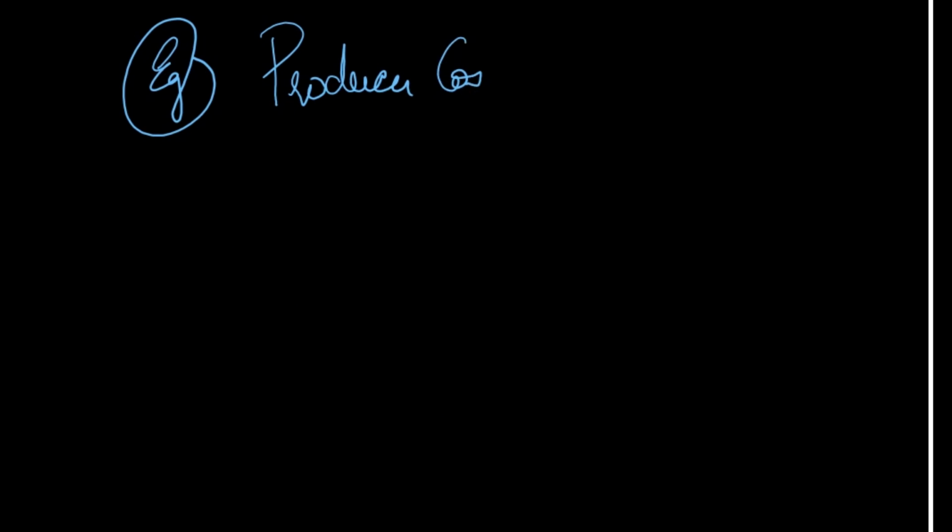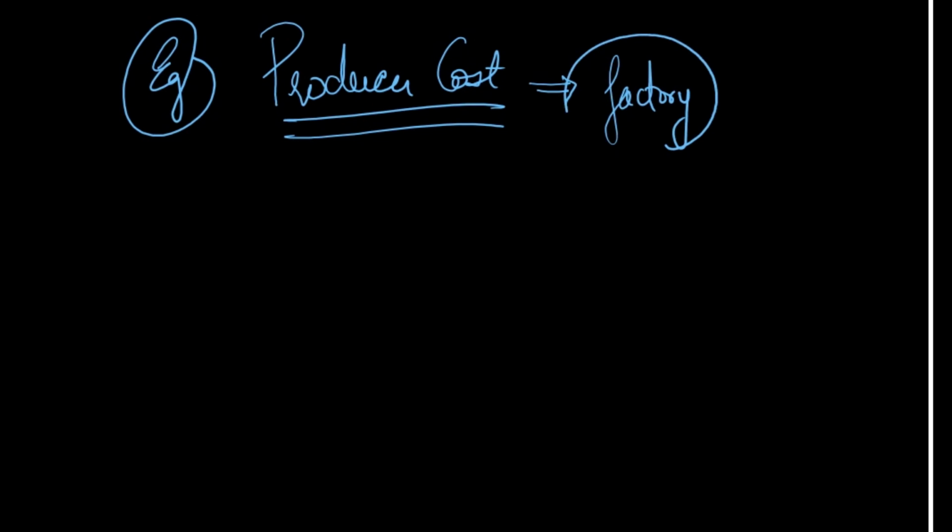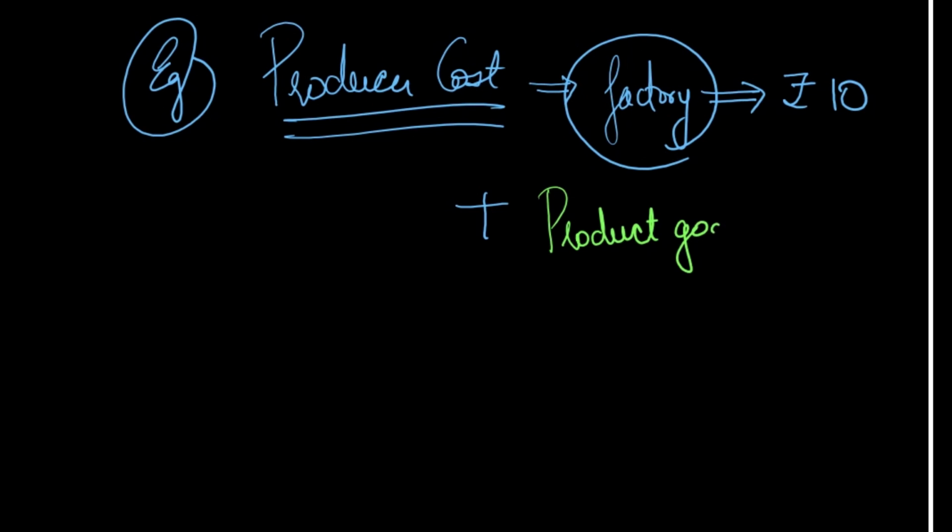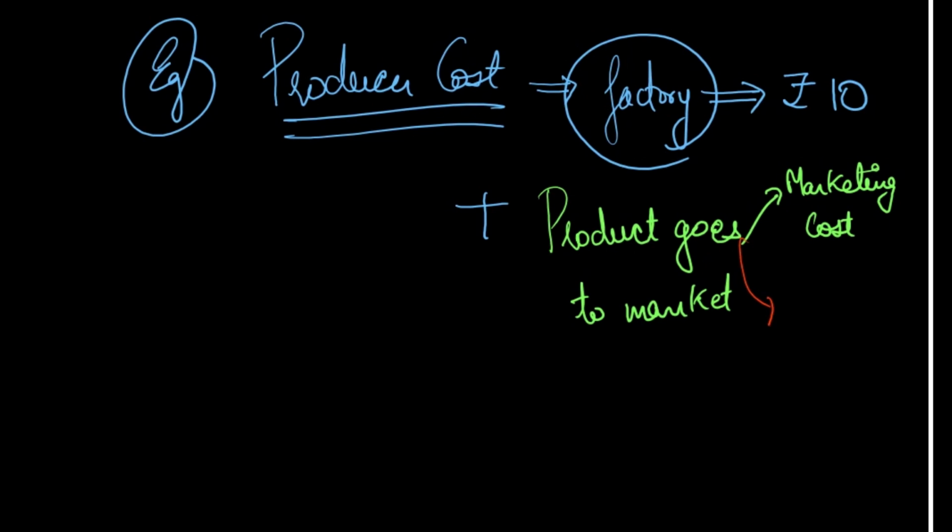Example, producer cost in the factory rupees 10 plus the product goes to market: marketing cost, transportation cost, taxes.